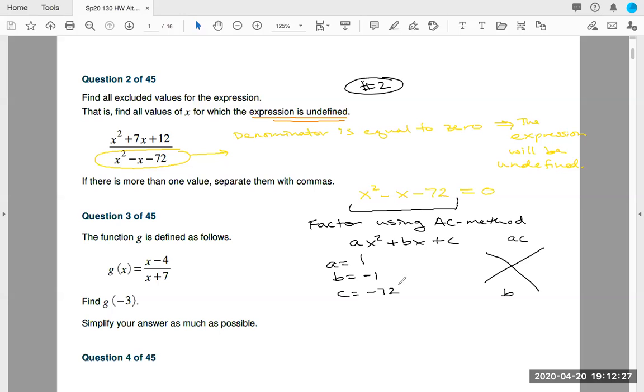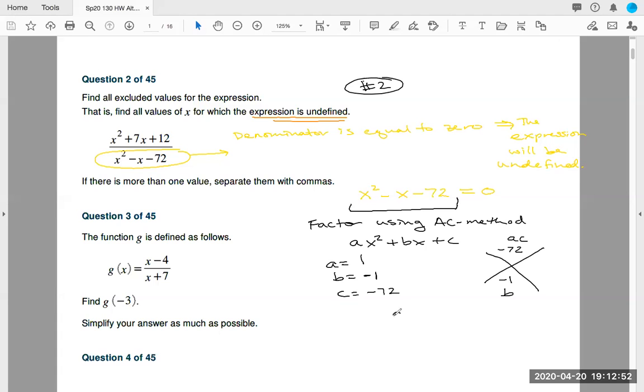So a times c is negative 72, and b is negative 1. And then for this AC part, remember you're looking for the numbers that multiply to negative 72 and the numbers that add to negative 1.